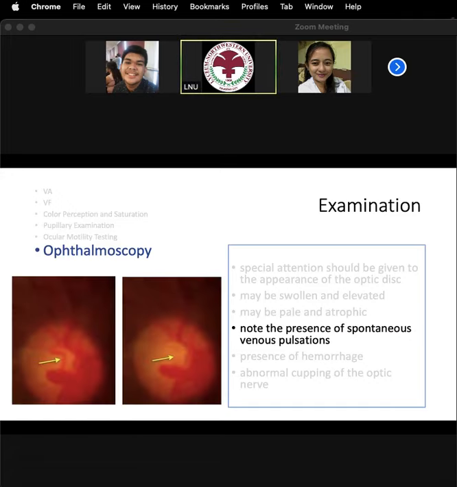Okay? Ayan. If you spend more time, hindi yung mabilis lang, and you really observe the optic nerve, you'll see there is a venous pulsation. So you also know for that. Kasi when there's no venous pulsation, it might be a sign of increase in the ICP.